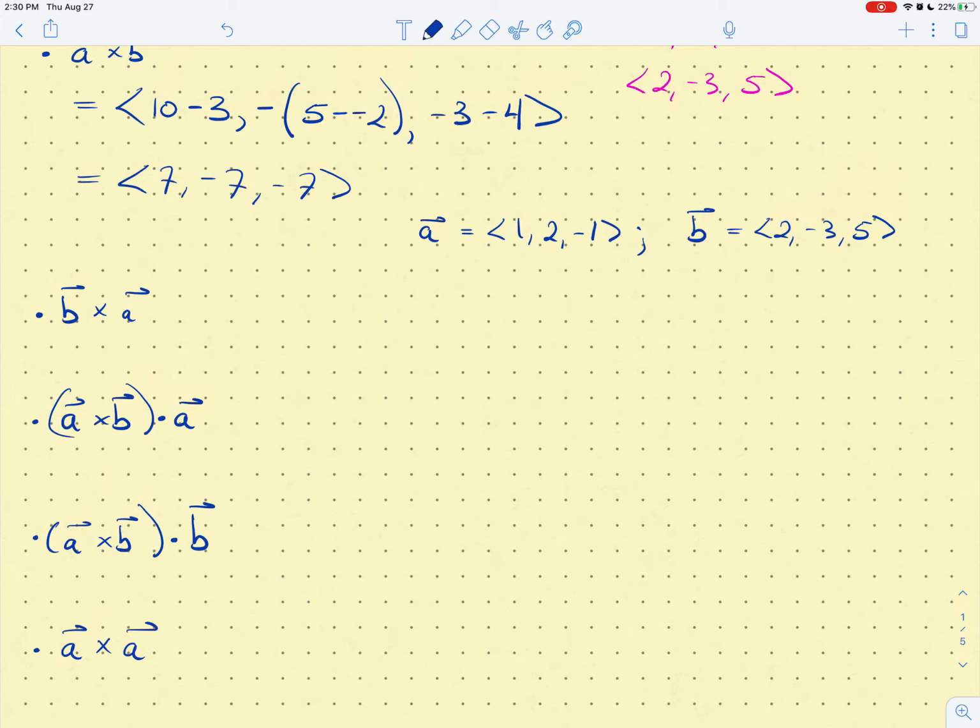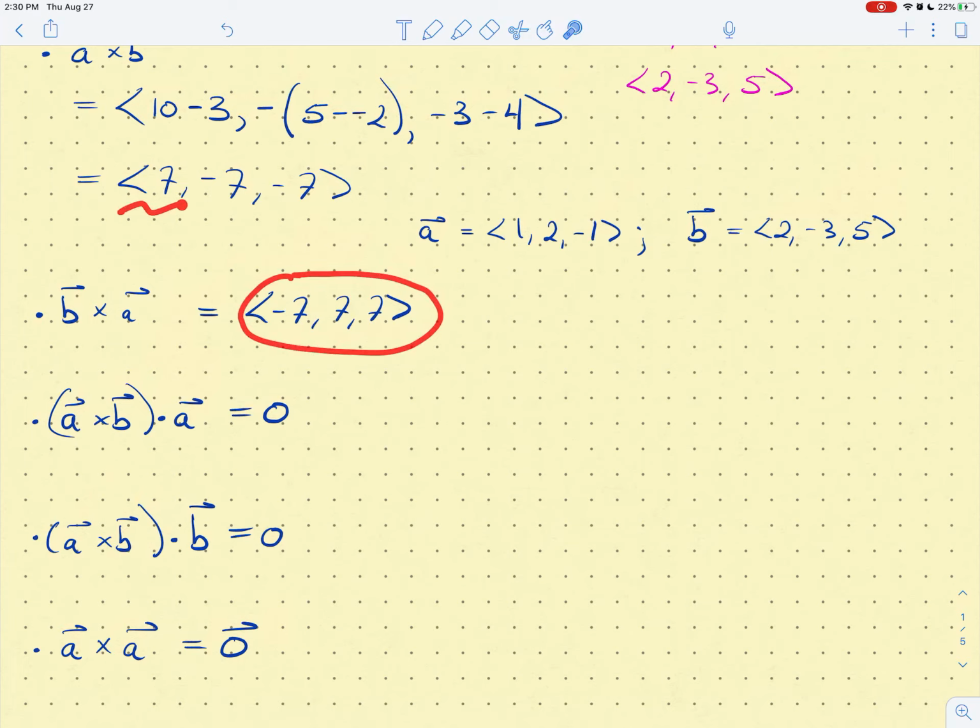All right, so you should have gotten -7, 7, 7 for this one. You should get the scalar 0 for these two, and you should get the vector 0 for this. Hopefully you noticed that this is exactly negative what we got when we computed A cross B. So hopefully you're wondering, is that always true?